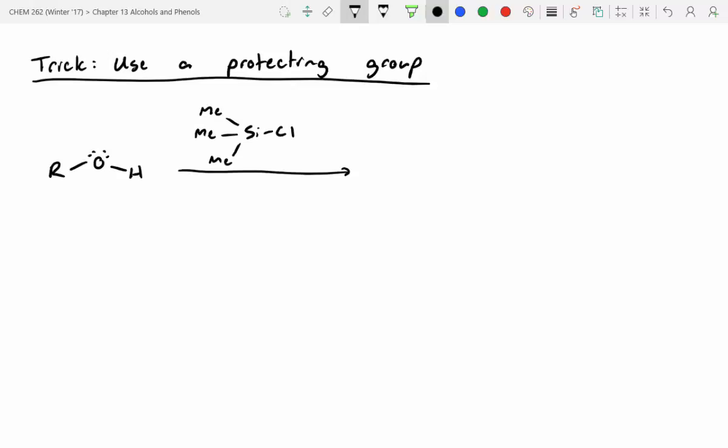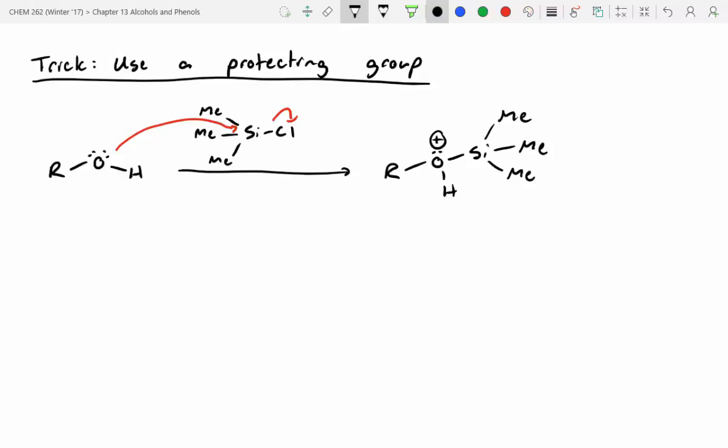And in this case, the alcohol will actually do a backside attack on the silicon and then kick off our chlorine. And now the oxygen's got a positive charge.